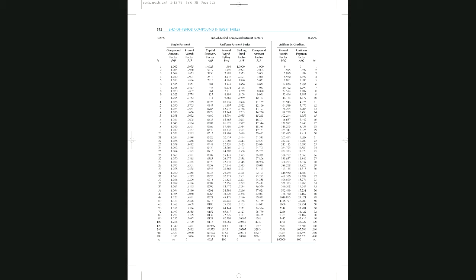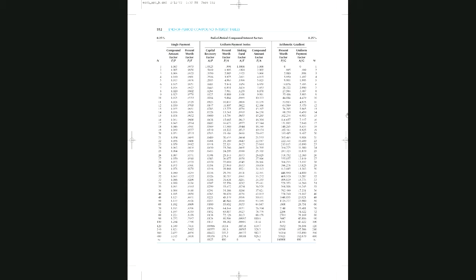Yes, it is here. When it says the number of years 1 to 2 until infinity, this means the number of the continuing years of the annual. Okay, what does that mean?